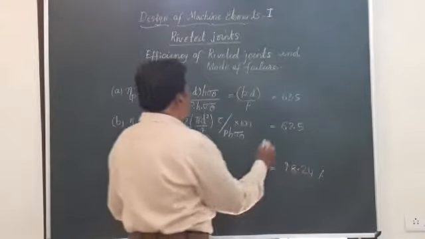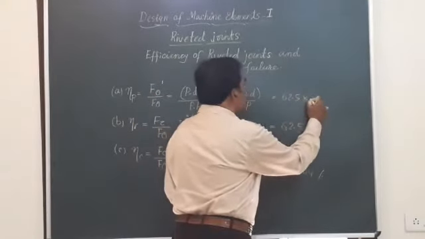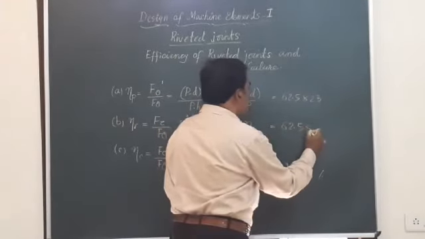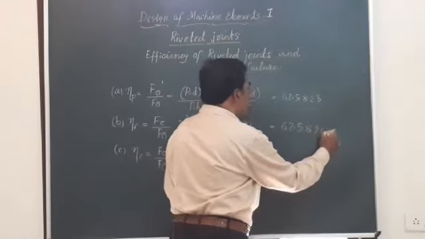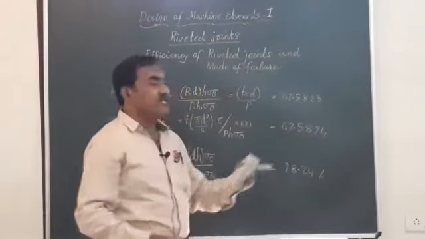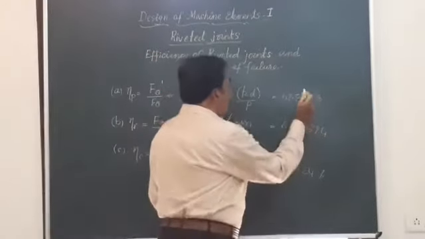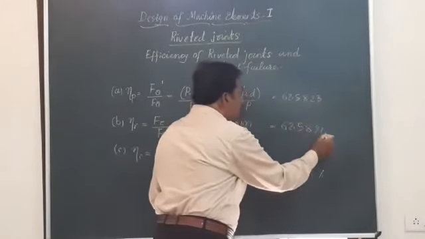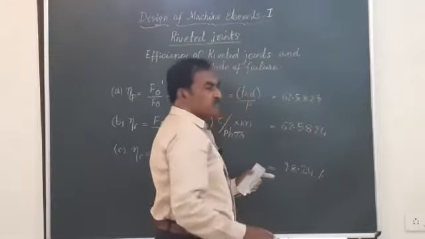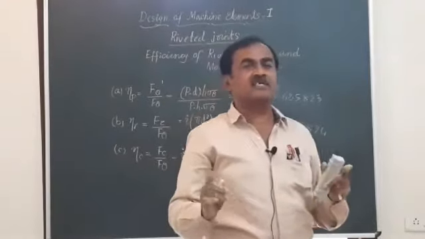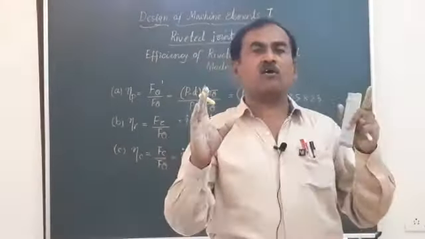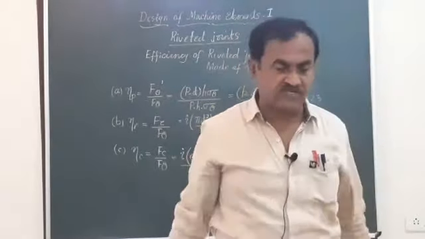For example, if it is 62.5823 and you are getting 62.5894, then you will be able to decide which is the least efficiency. Here this is the least value and this is more and this is further high. So the overall efficiency is the least of the three values of the efficiency.